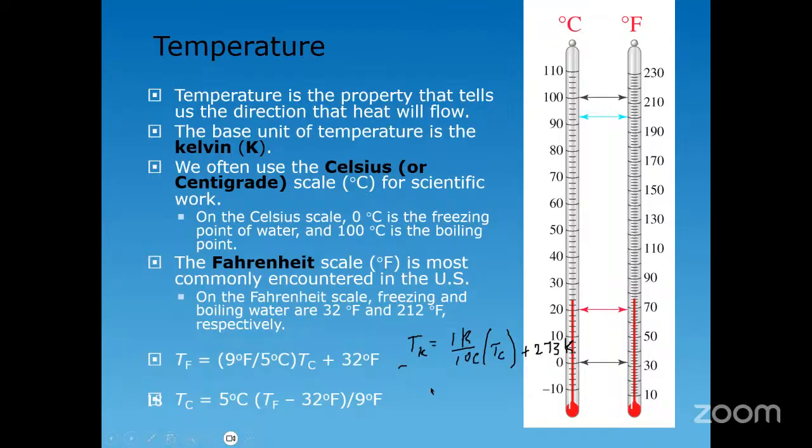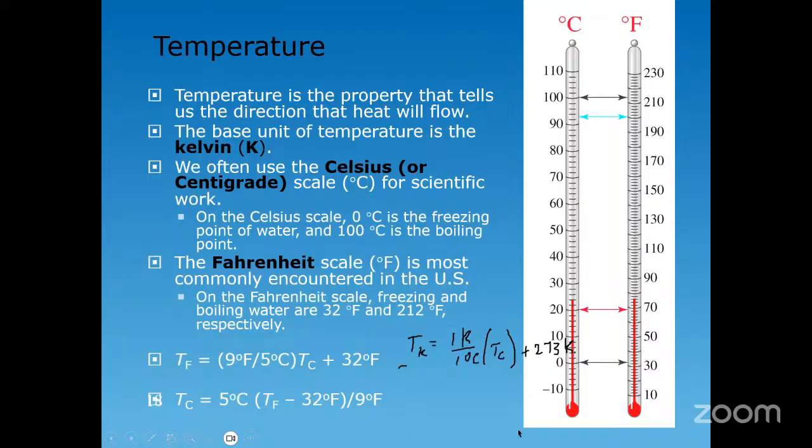For example, the freezing point of water, as I said before, is 0 degrees Celsius. So if you put 0 here, where the temperature TC is, then you're going to get the corresponding temperature in Fahrenheit being equal to 32 degrees Fahrenheit, which is what we have on this side. In the case of the boiling point of water, which is 100 degrees Celsius, if you put 100 degrees Celsius in this equation, you're going to end up with the boiling point of water being 212 degrees Fahrenheit, all right?